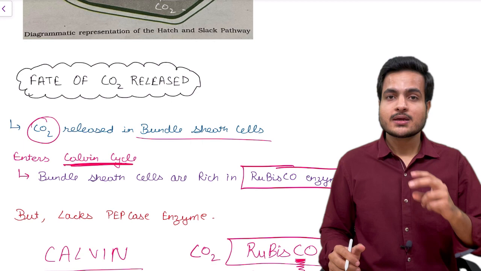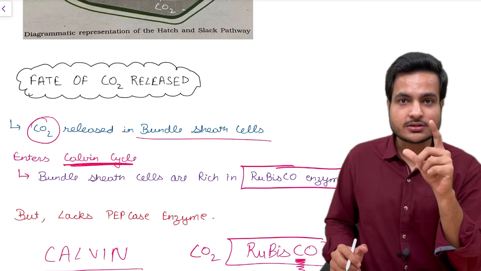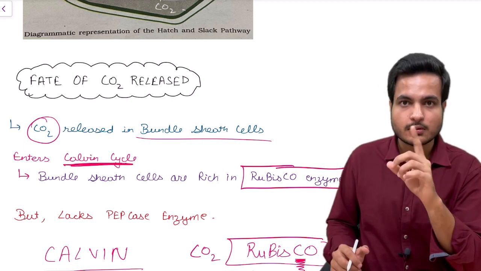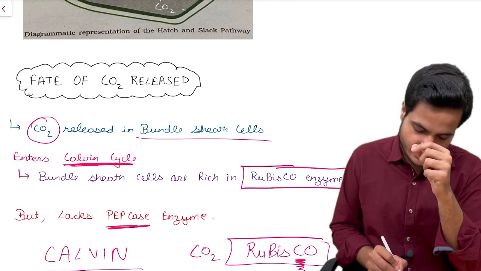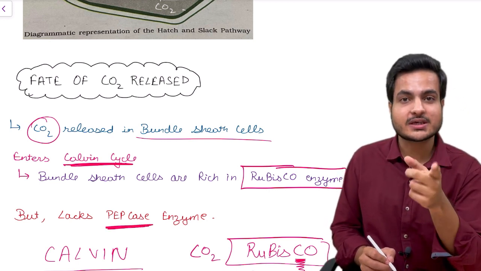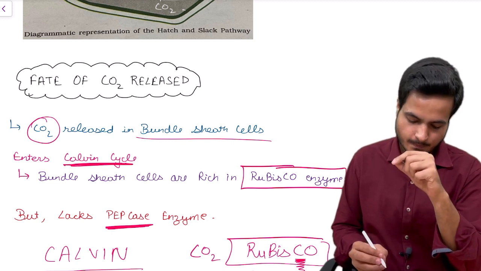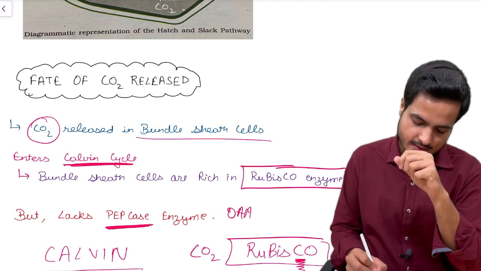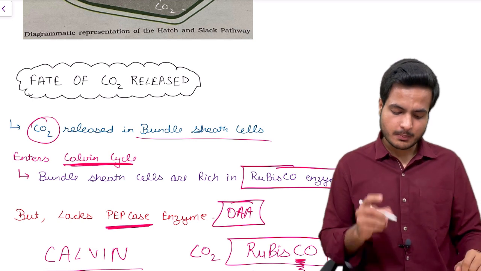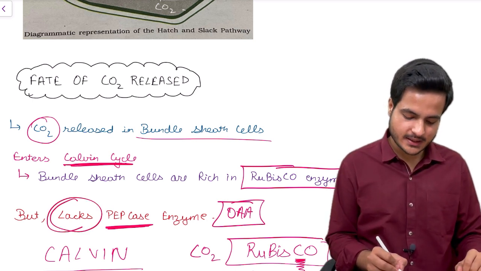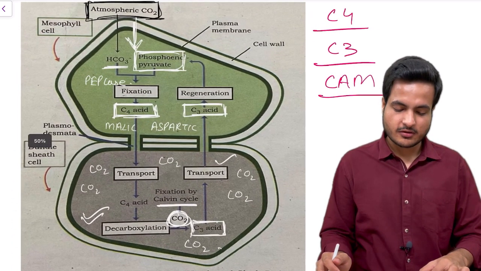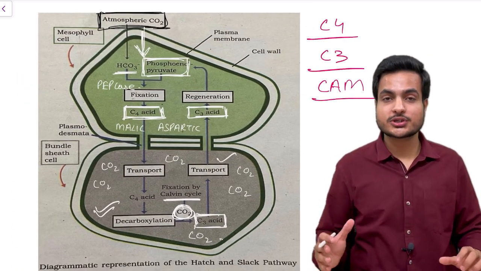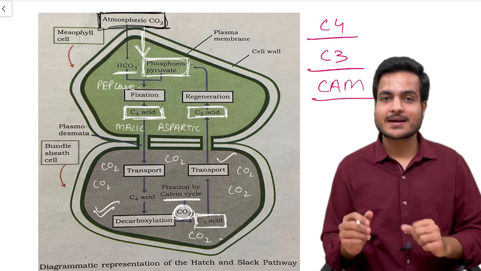The second thing is that in mesophyll cells of C4 plants, Rubisco is absent, but pepcase is present. Pepcase was the enzyme required for the carbon dioxide fixation inside C4 plants, which led to the formation of oxaloacetic acid, that reaction. But this pepcase enzyme is absent in bundle sheath cells. With this, friends, we have completed the thorough discussion of the Hatch and Slack pathway.